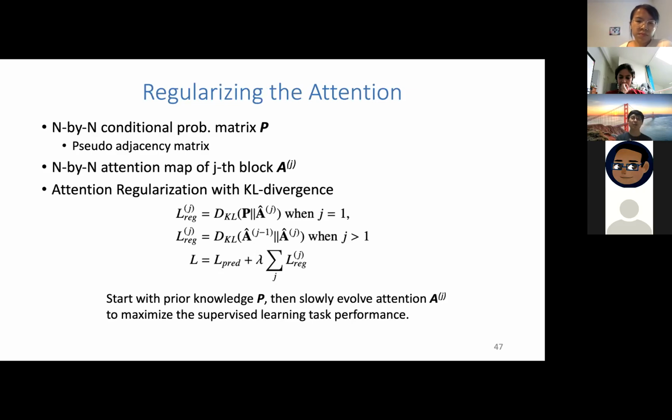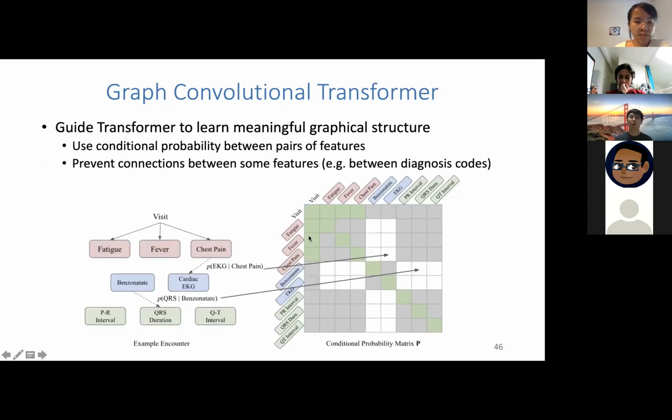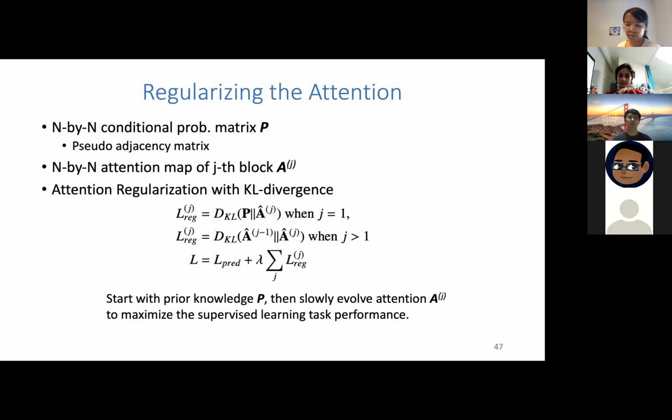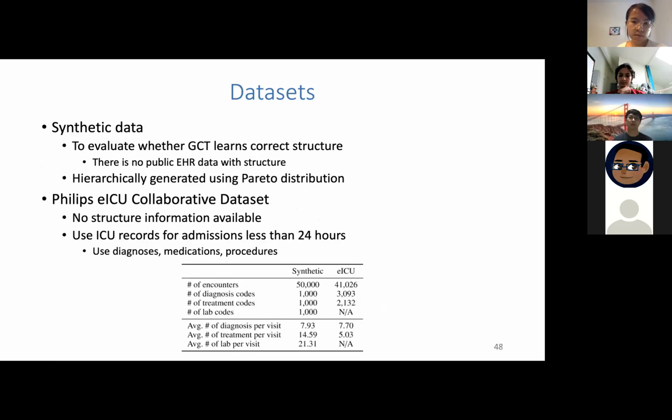So we are gradually modifying this pseudo ground truth structure into an attention map more suitable for making a prediction, for example heart failure prediction or mortality prediction, whatever supervised task you want. So start with prior knowledge P, then slowly evolve the attention map as you go. That is basically the motivation for the graph convolutional transformer.